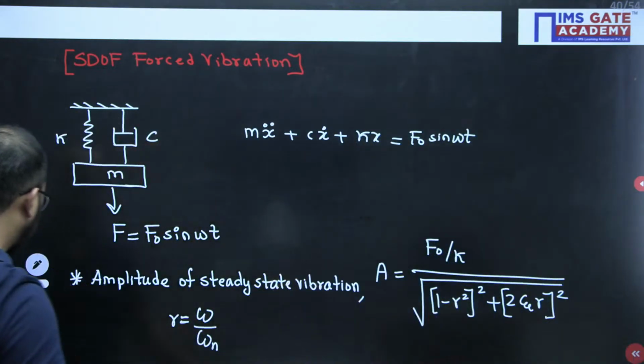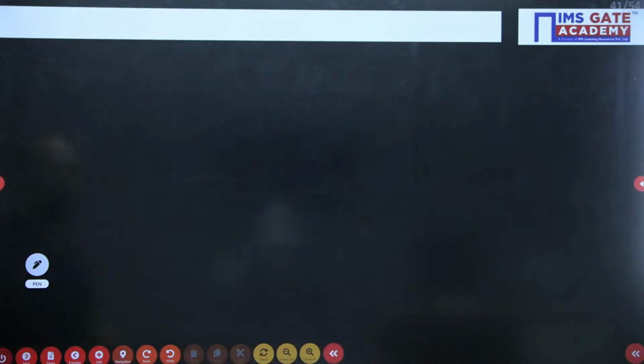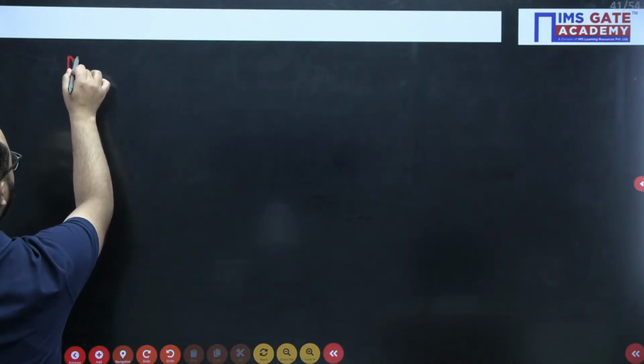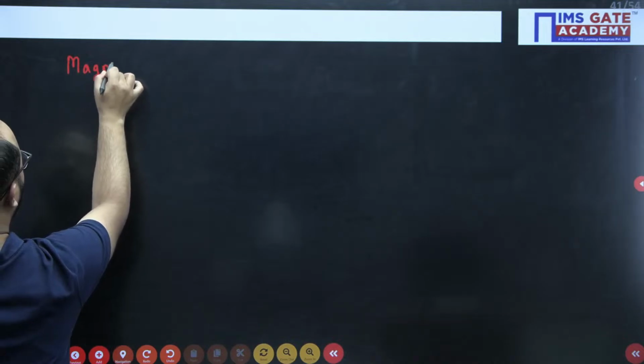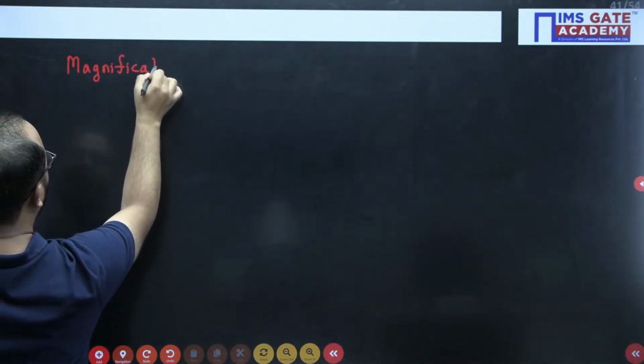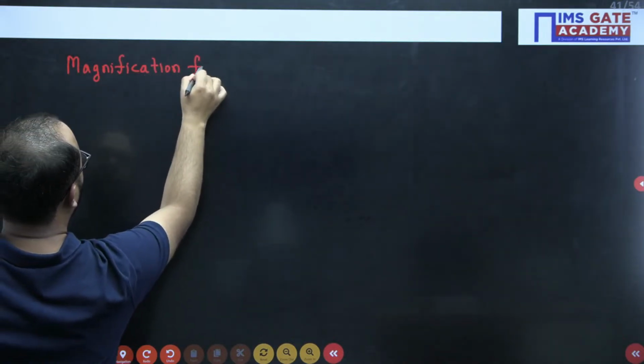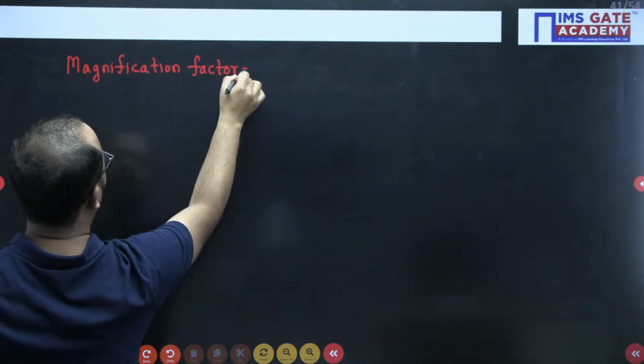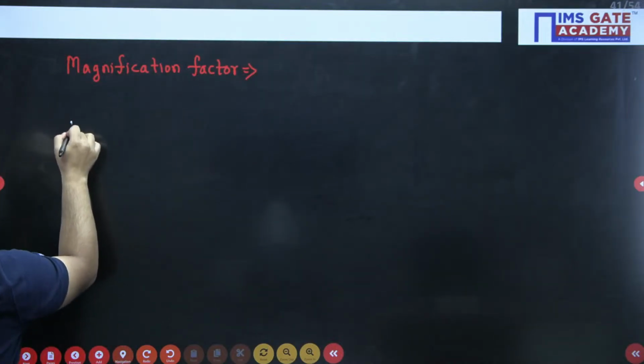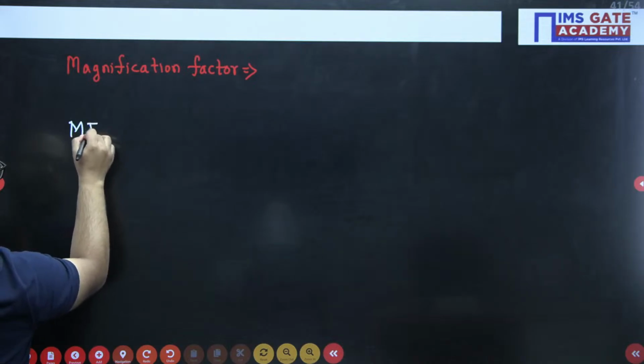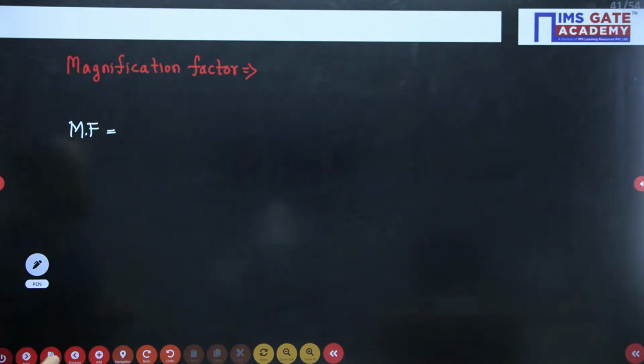Now the next thing that we need to remember here is the magnification factor. How will you write the magnification factor?